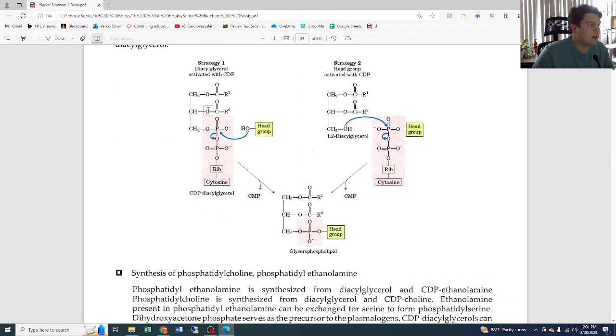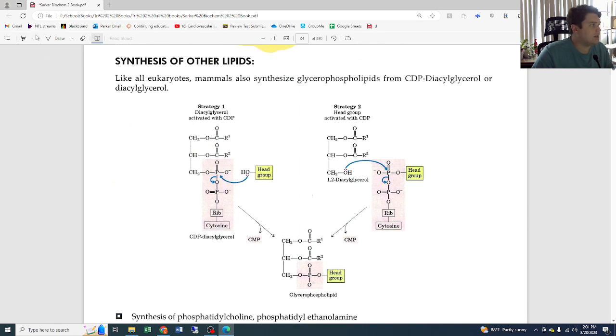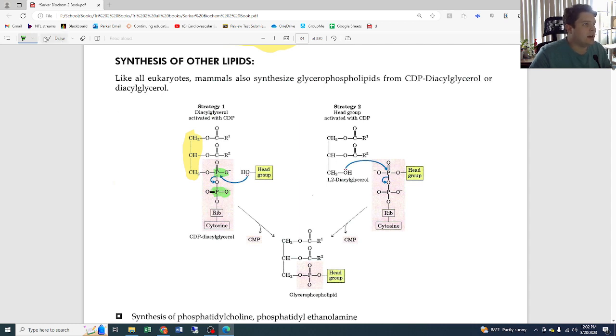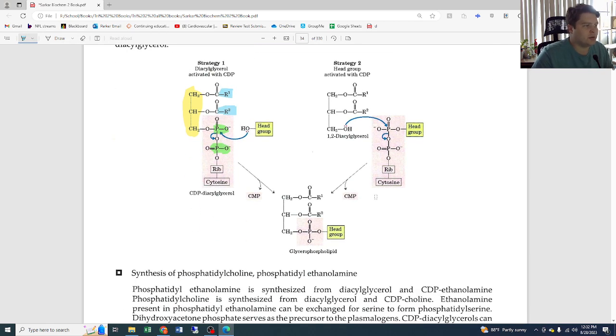Okay, so glycero, it has our glycerol backbone, and our phospho, it has our phosphate groups here, and then lipids, these R groups here are our lipids, and from those we can make other stuff.